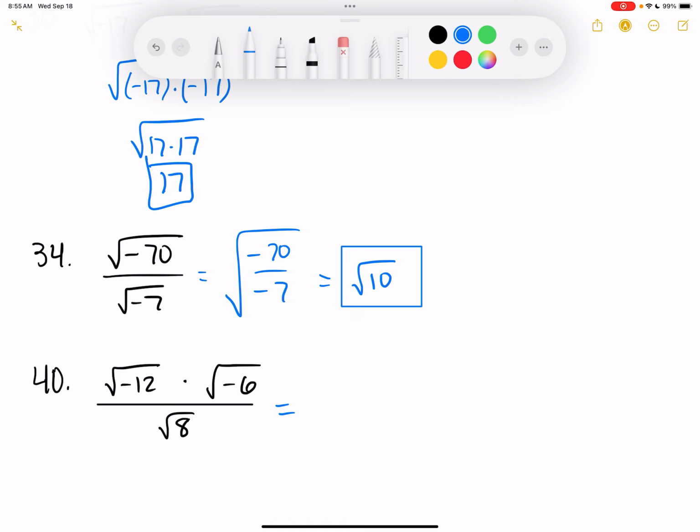So if I do the square root of negative 12 times negative 6, what does that give me under the radical? 72. I'm going to go ahead and write this as one big radical over 8. What is that going to reduce down to? Square root of 9, which is 3.